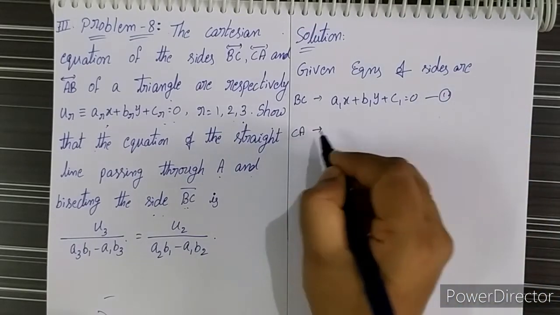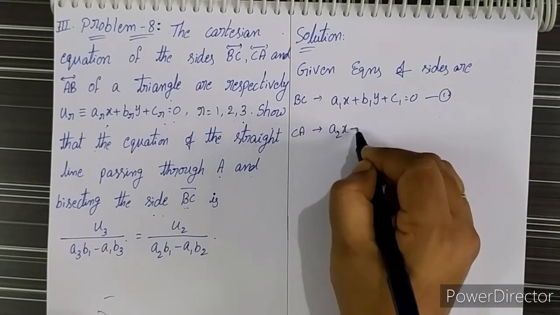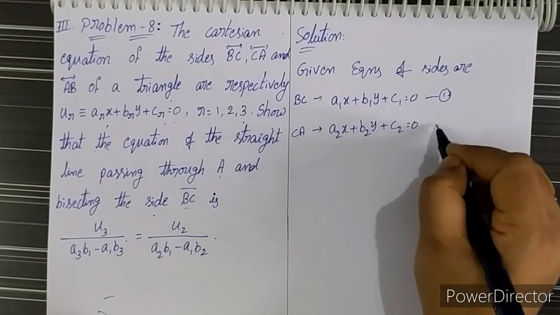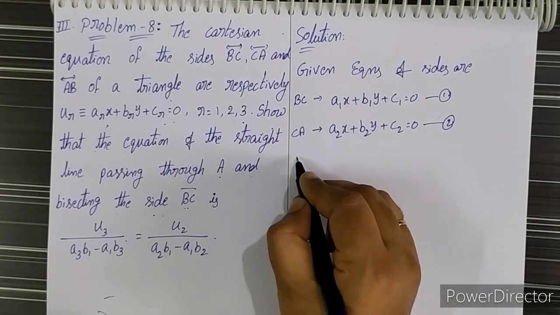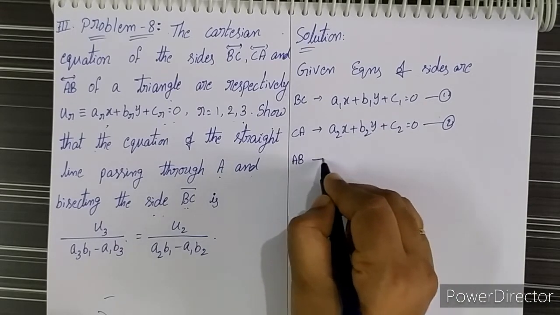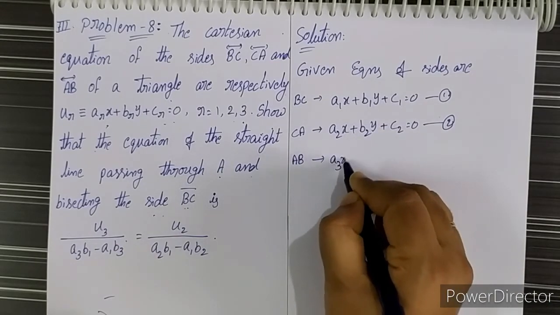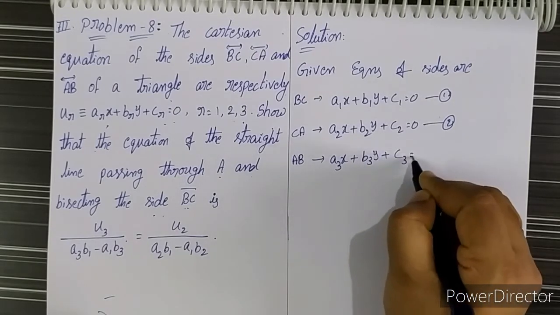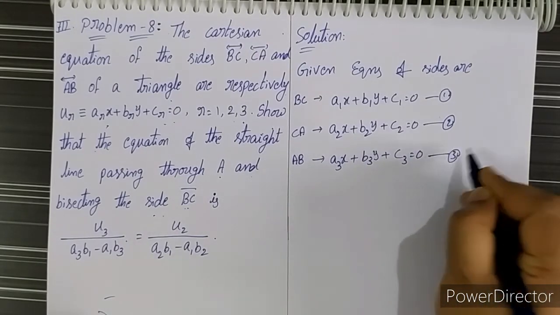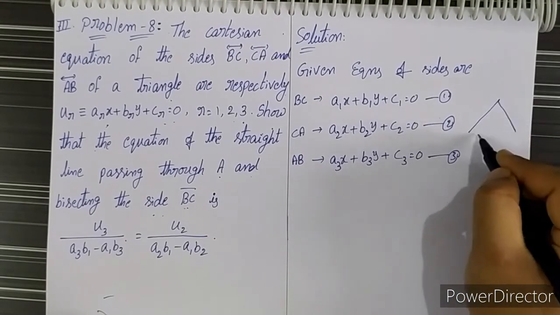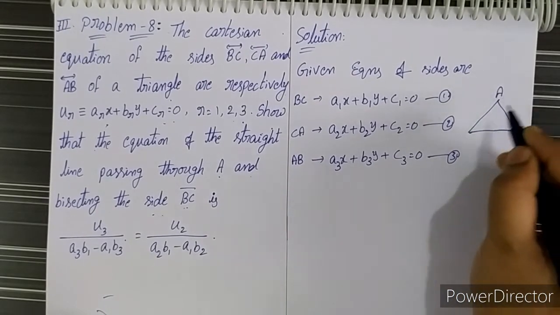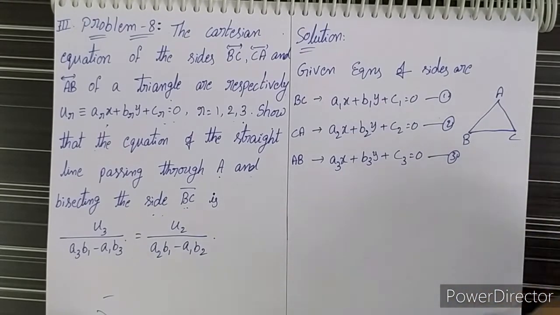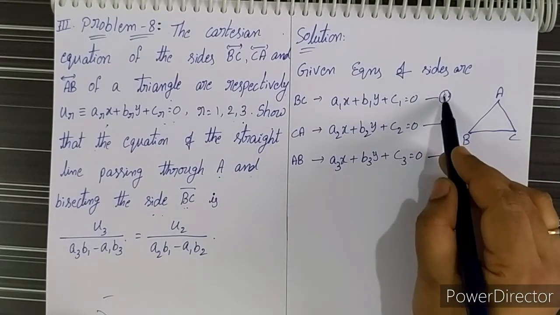And the CA side equation is a2x plus b2y plus c2 equal to 0. This is equation number 2. And the AB side equation is a3x plus b3y plus c3 equal to 0. This is equation number 3. This is triangle ABC.